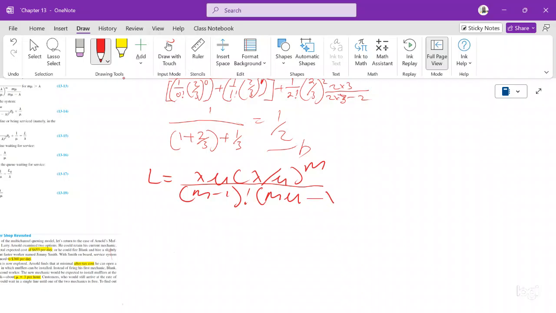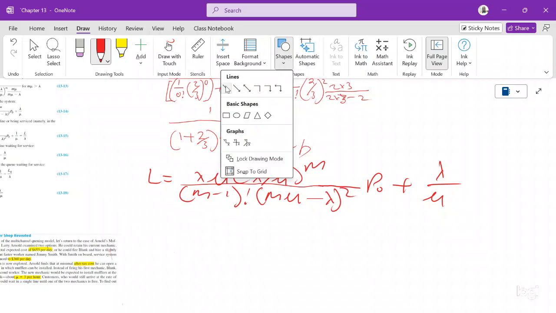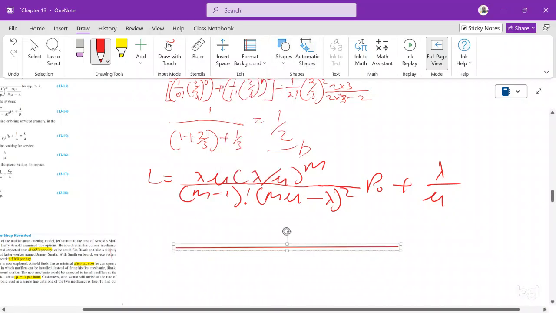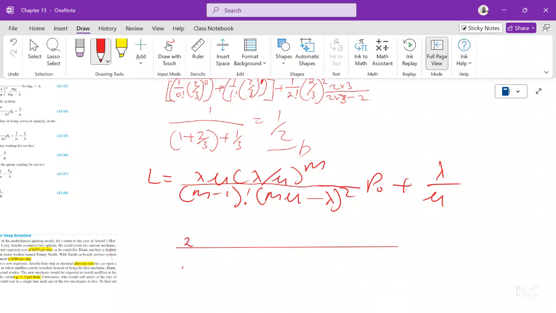Then 2 minus 1, the factorial, bracket, 2 times 3 minus 2 squared. Then times 1 over 2, and then plus 2 over 3, and the value is 3 over 4. The value is 3 over 4, which is a quarter. 3 quarter. We call it a 3 quarter in the language of tools and so on.